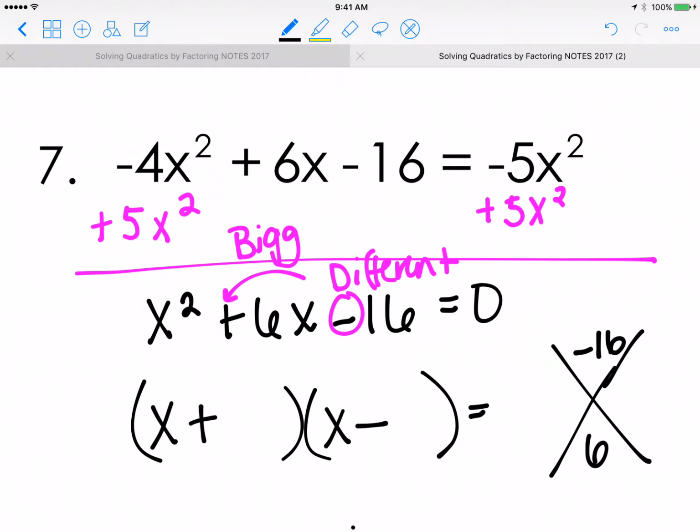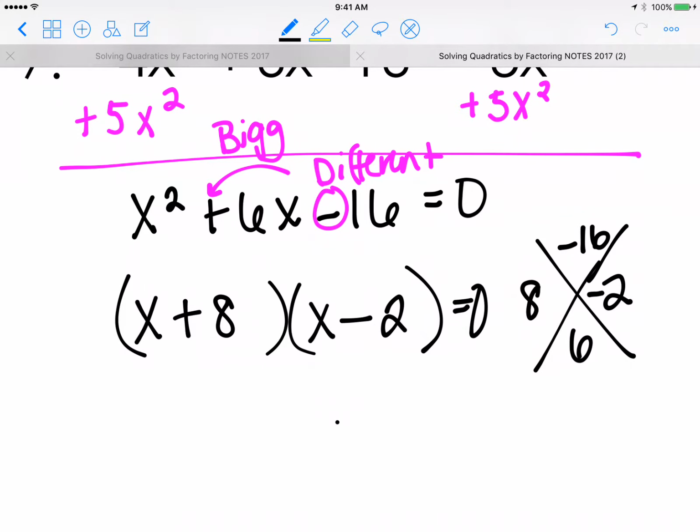So what are factors of 16 that are going to subtract to give us 6? Well, hopefully you'll say 8 and 2, which means that this 8 has to be a negative. Or no, it's not. It's the positive because it's the bigger factor. And so the 2 has to be negative.